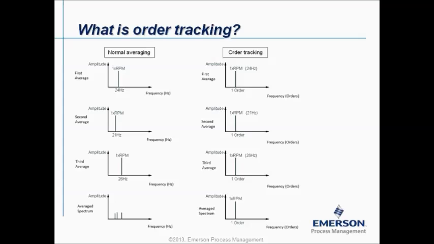Now, normally when vibration data is collected on rotating equipment, we are doing something that is called spectrum averaging. That means that when vibration data is coming into the analyzer, a spectrum is calculated based on the waveform, but the final spectrum is not a spectrum that is represented at that moment in time.